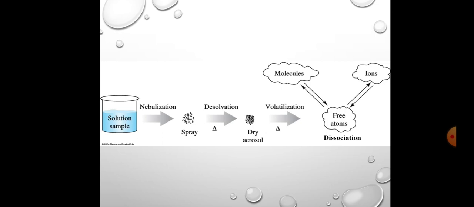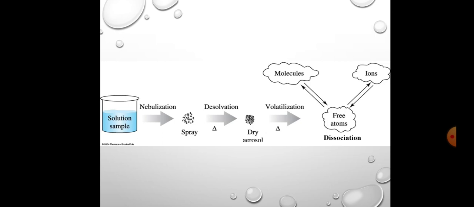By increasing the temperature, this dry aerosol will be converted to a vapor. So we have volatilization. We have a vapor of the molecules that were in the solution. And then by increasing the temperature again, this vapor will be converted to free atoms. It means that the bonds between the atoms will break and we will have separate atoms, the atoms in the vapor phase.